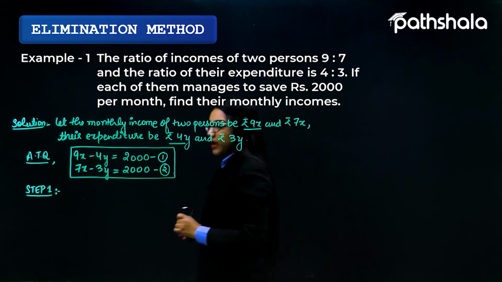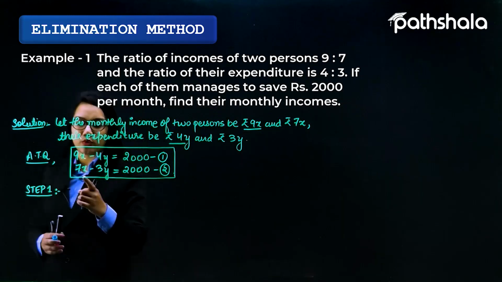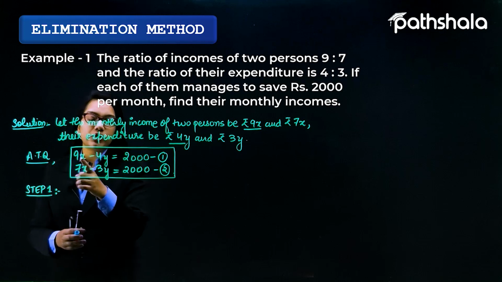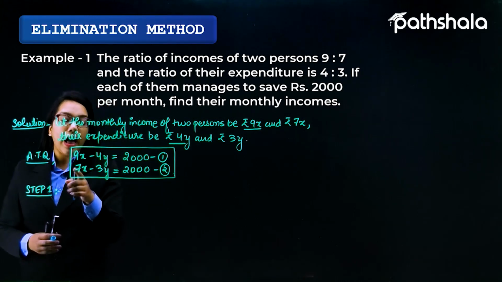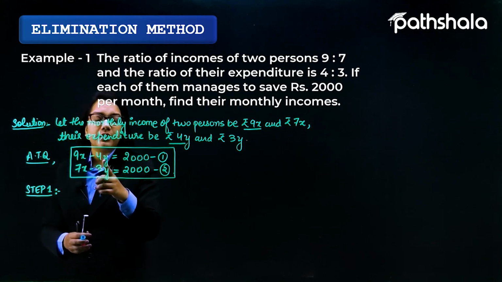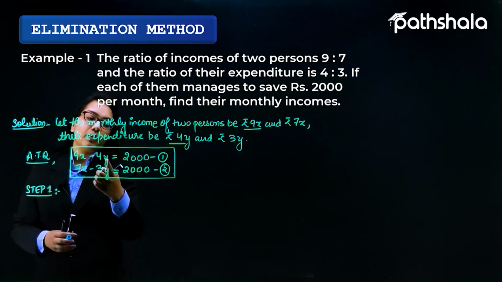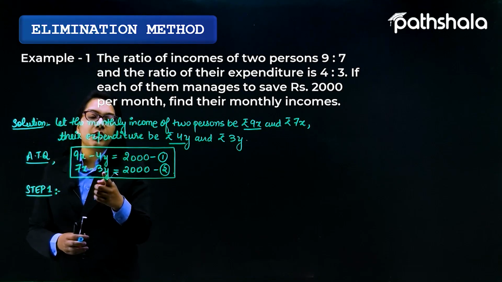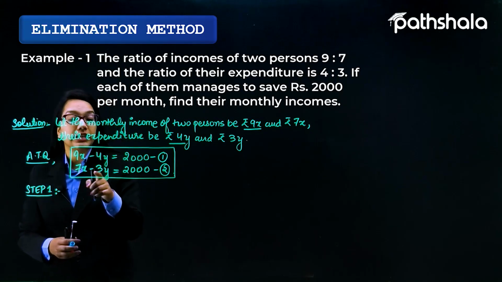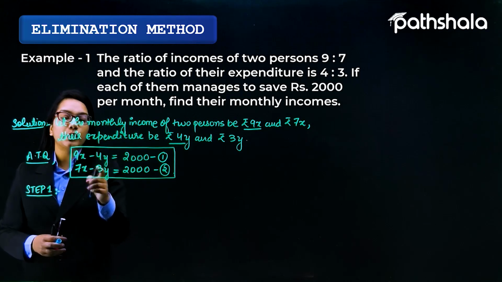Let us suppose we are talking about the variable x. The coefficient of x here is 9 and here it is 7. Furthermore, the variable y has a coefficient of 4 here and 3 here.